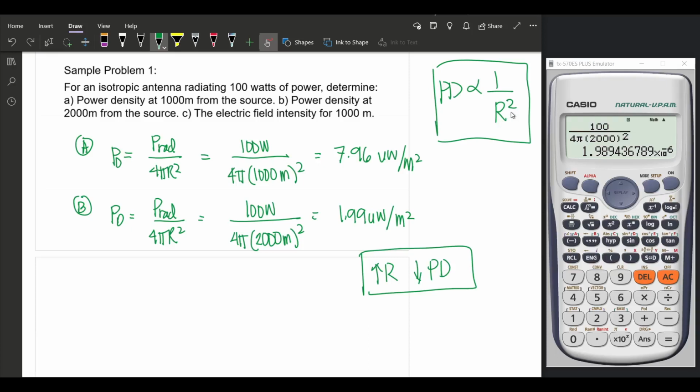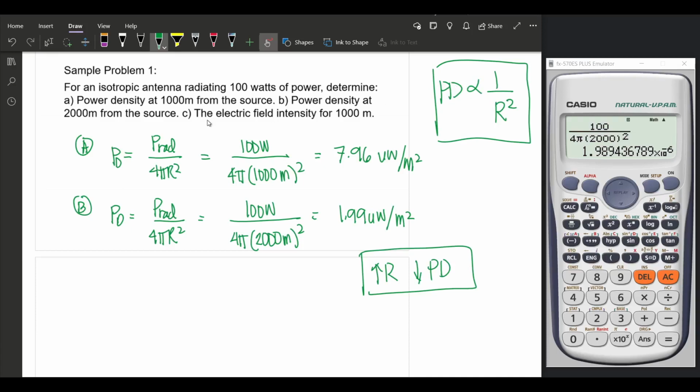This is actually known as the inverse square law. The power density and the distance between the source and the observer are related by the inverse square law. So remember this relation.